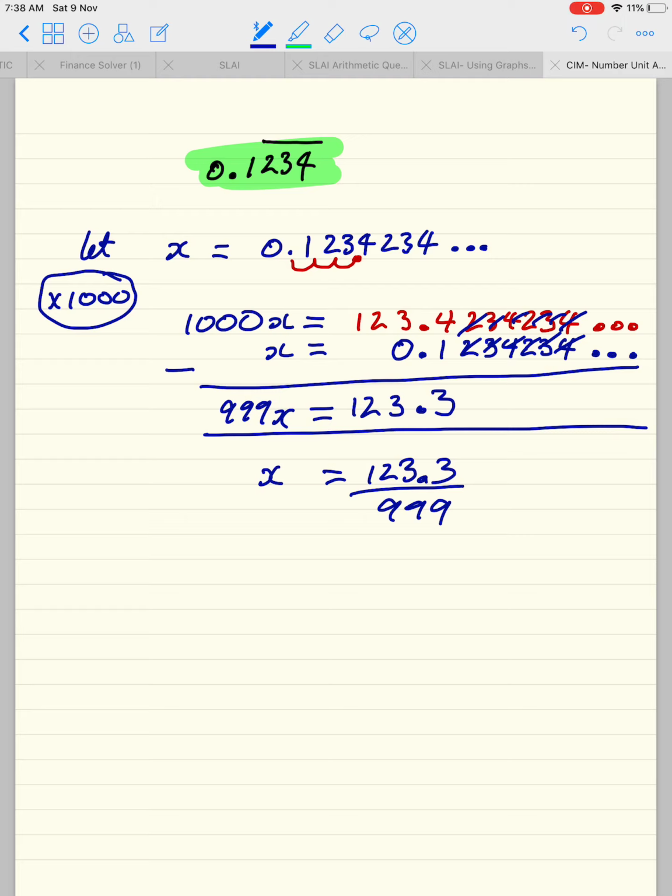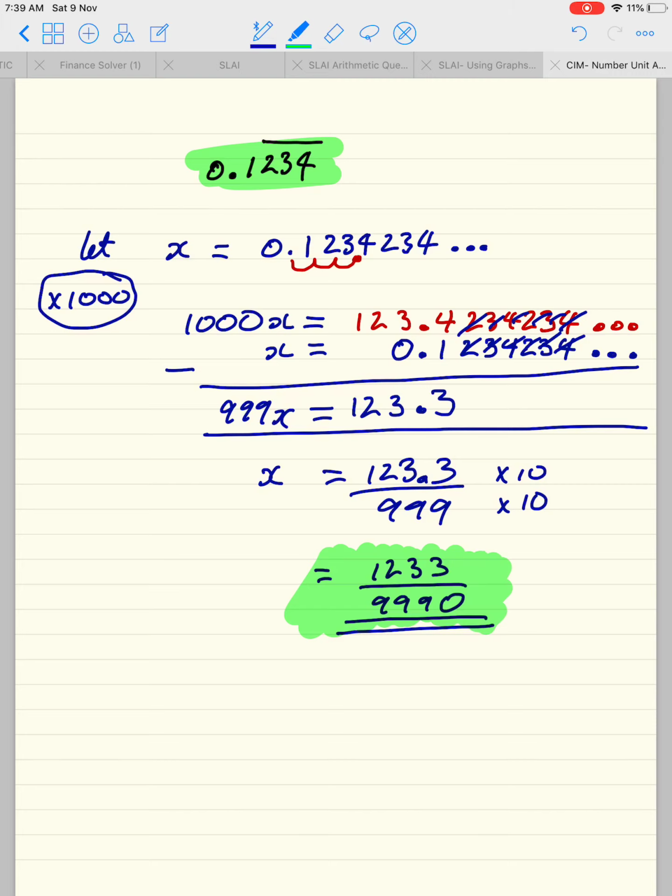For a fraction to be a proper fraction, we need to have integer divided by integer. So that's times by 10, times by 10. That's 1233 divided by 9990. And again, let's not worry about having to simplify to its simplest terms there. The important thing here is changing from the decimal to a fraction, and you've done that.